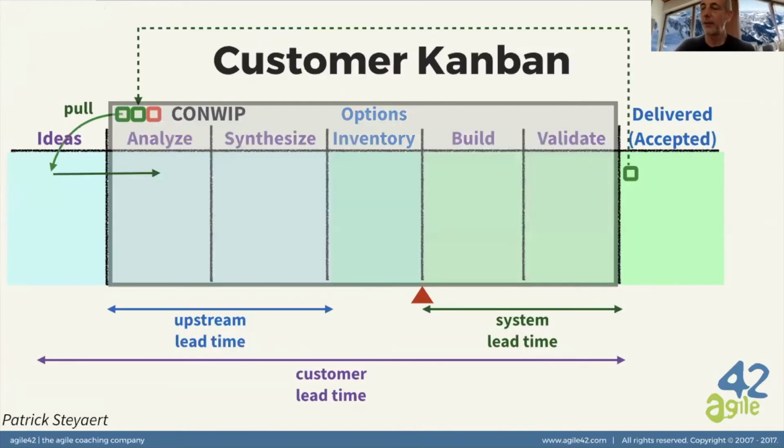And one final thing before a short break, the idea of customer Kanban. Usually we are able to put in place a pull mechanism in the gray area, but that's not always enough to guarantee that there's a real pull mechanism all through the end-to-end process.